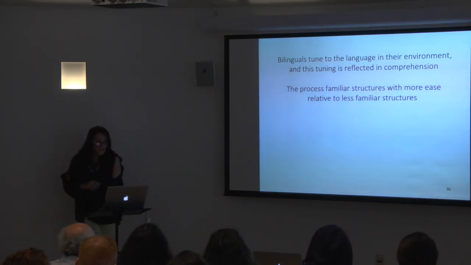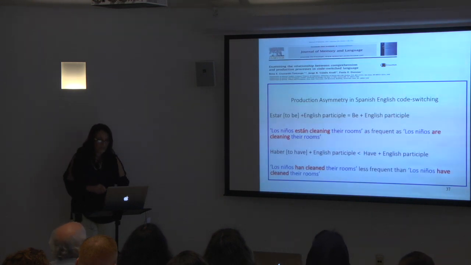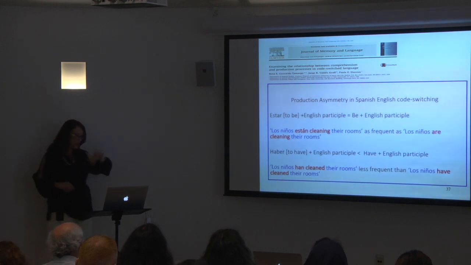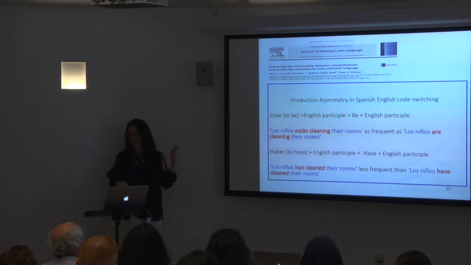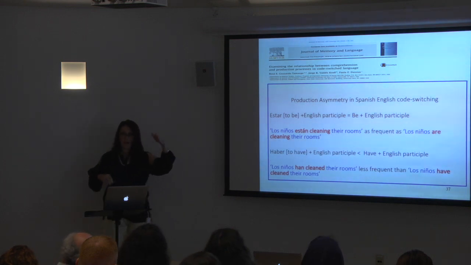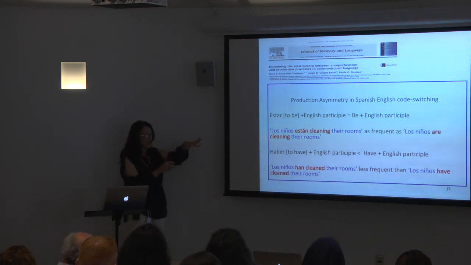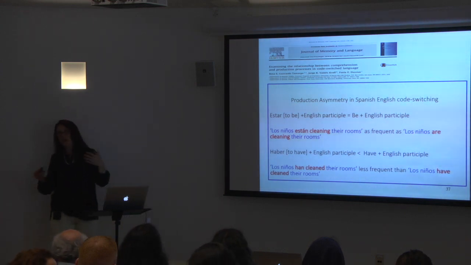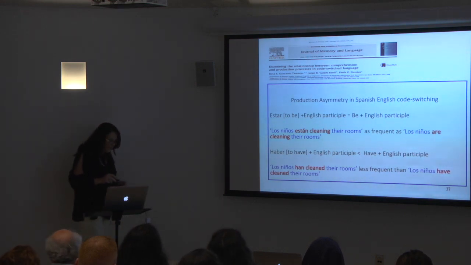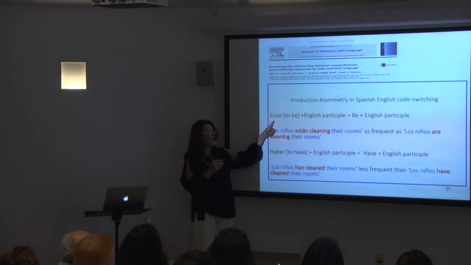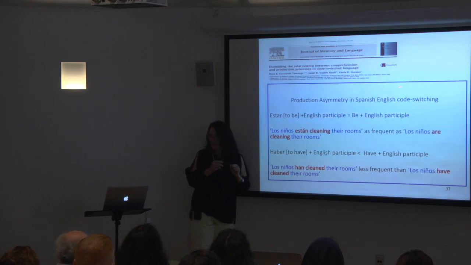And the last study I want to talk to you about is a similar study, again looking at Spanish-English bilinguals, looking at code switching, but now looking at a different structure, because what we wanted to see was whether the results that we can find with gender are found with other types of structures. So when we look at Spanish-English bilingual corpus, we find that these types of code switches, so switches that involve the verb estar plus an English participle, are quite frequent.